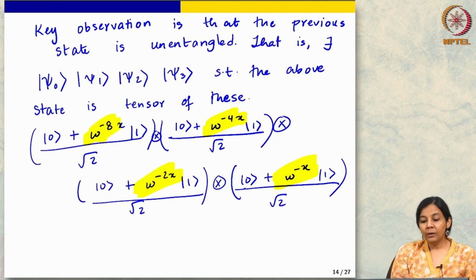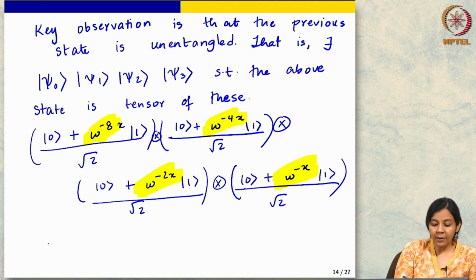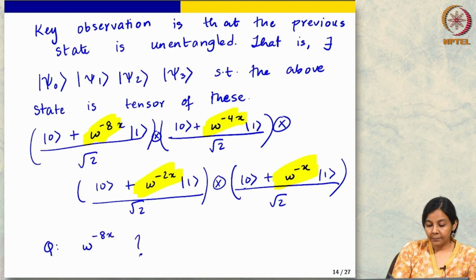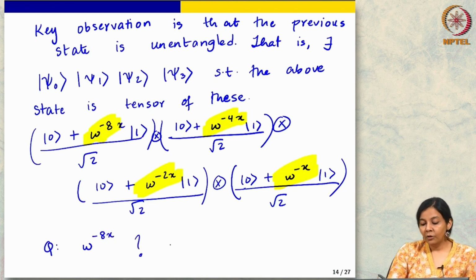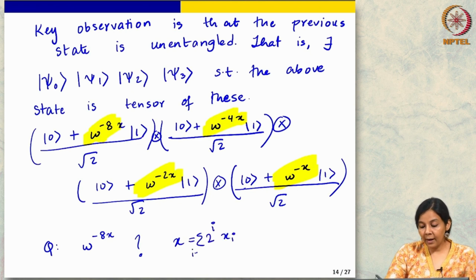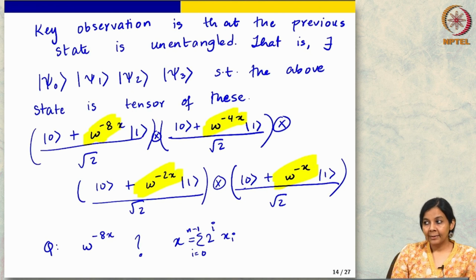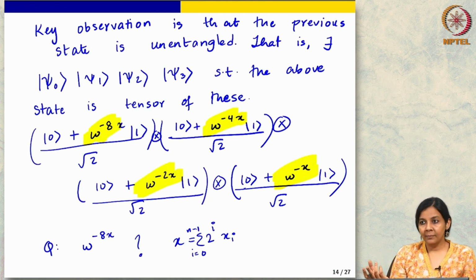So here is my question. What is omega to the minus 8x? What is this equal to? So x is 2 summation 2 to the i xi, where i is going from 0 to n minus 1. I am just going from binary to integers, nothing more.